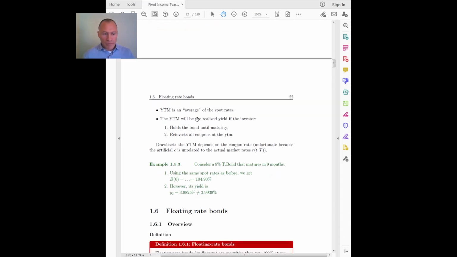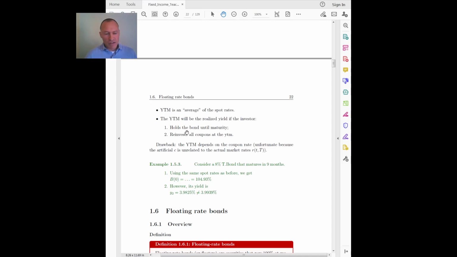So if I say that the interest rate on a bond is 4%, I interpret that as the rate that I will make if I invest in that bond. But that is only true in some conditions. So if the yield to maturity is, say, 4%, I will only get to the end of the investment and make exactly 4% if these two conditions are met.